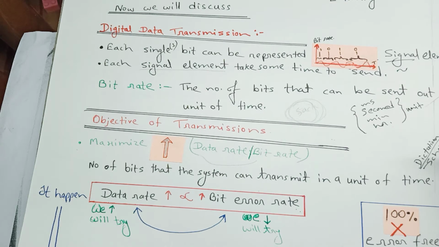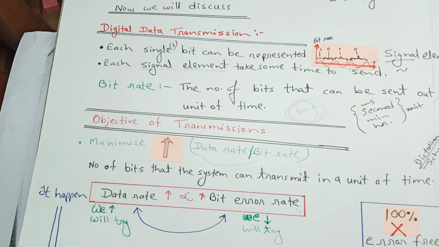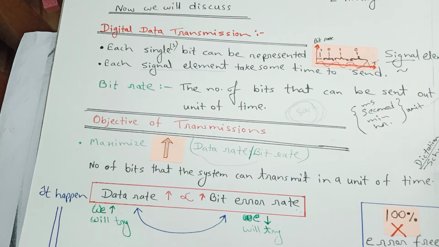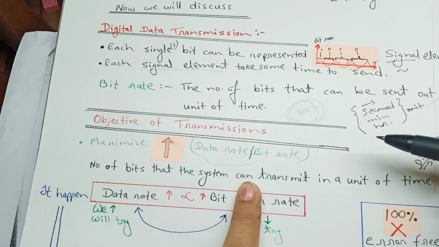It is a natural phenomenon, it is obvious, but we want to correct all the sentences, we want to control our mistakes in dictation, we want to buy a fresh sack of grains so that we will not get too much dirt or garbage. But it is natural that as the data rate increases, the bit error rate will also increase.